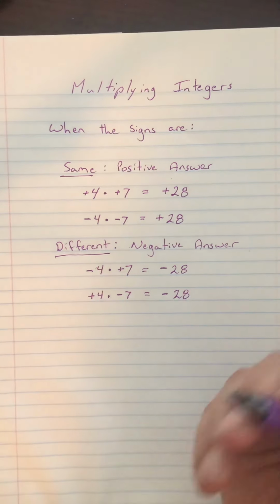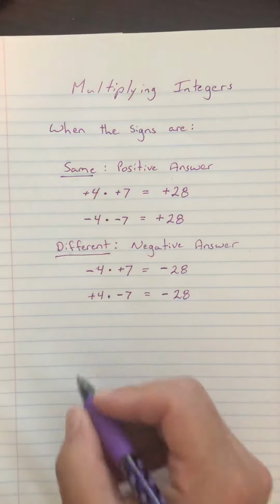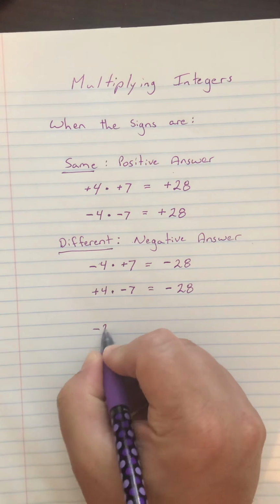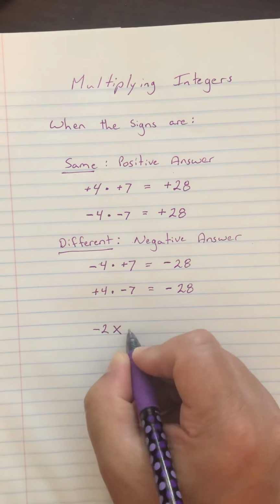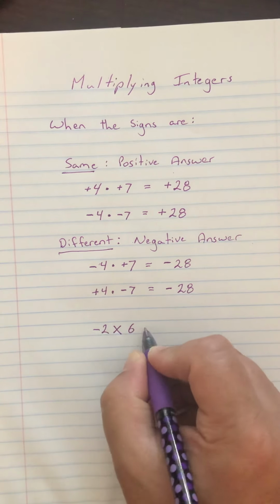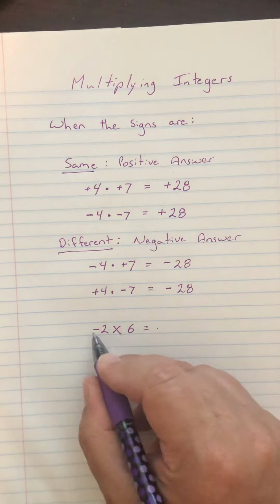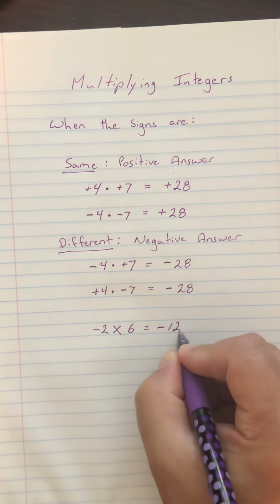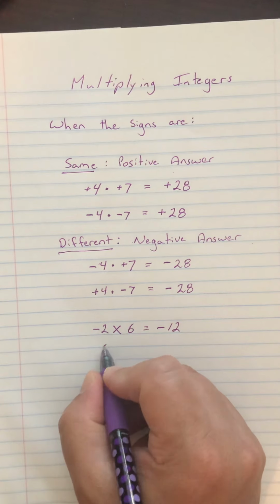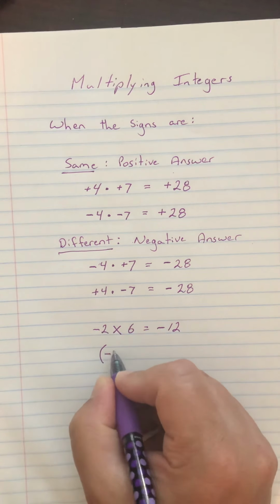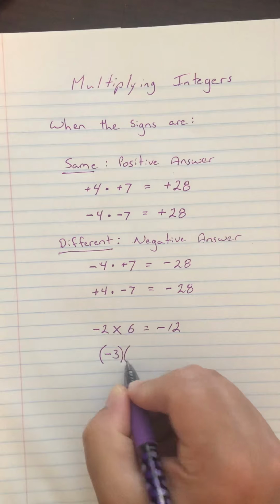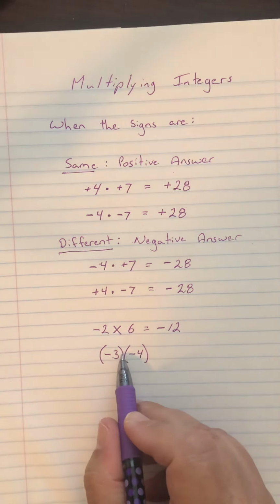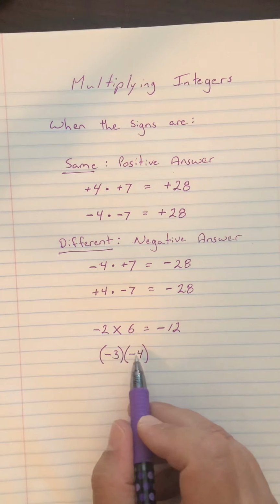Multiplication, we have multiple ways of showing multiplication. In elementary school, you had the big X, right? So this is times 6. Different signs, negative, positive, so I get a negative 12. You have parentheses now, so negative 3 touching negative 4. Two things in math touch, it automatically means multiply.